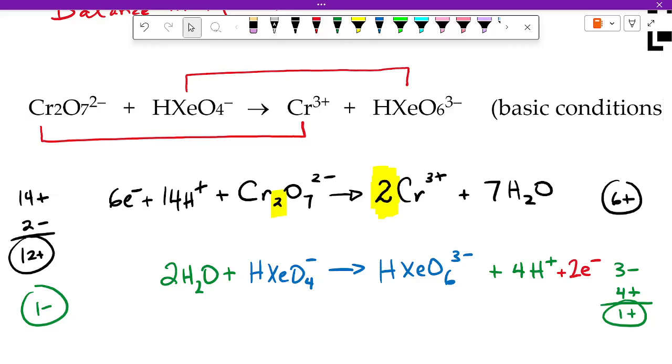Feel free to check your half reactions before adding them up.